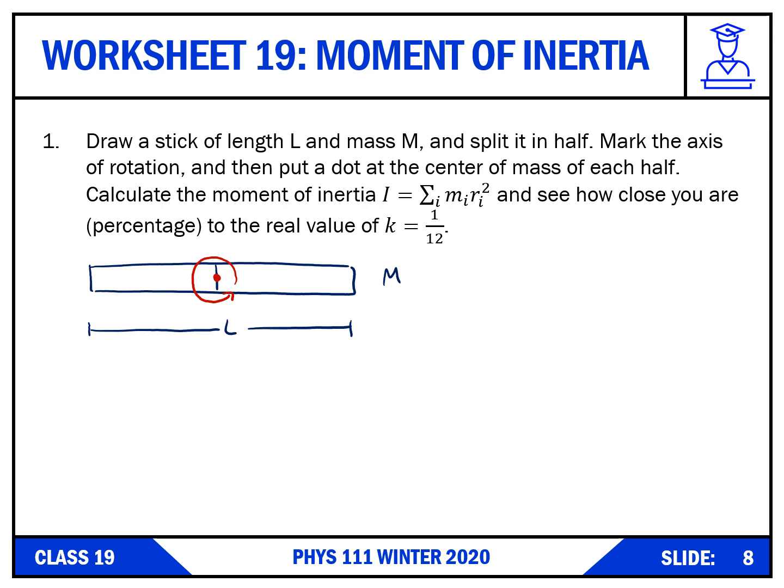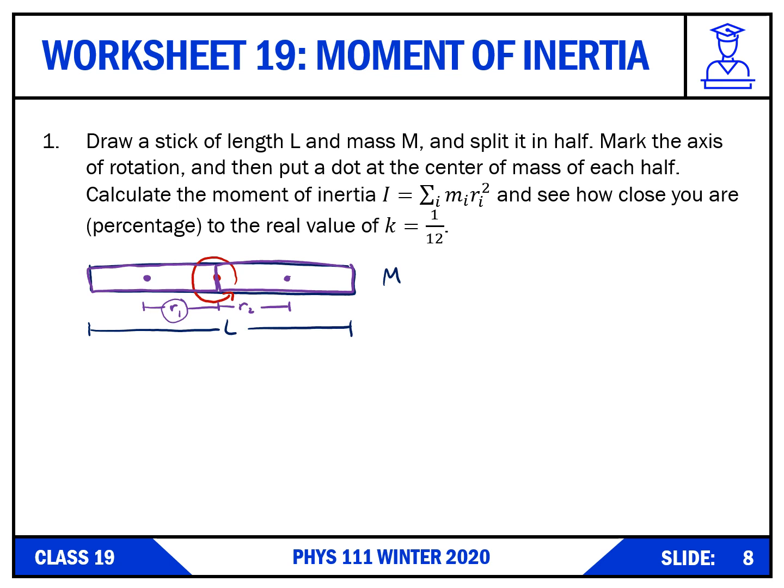So when we're just looking at this segment and this segment, there is a center of mass for each of these segments, and they are going to be a certain distance away from the axis of rotation. So we'll call this R1, and we'll call this R2.